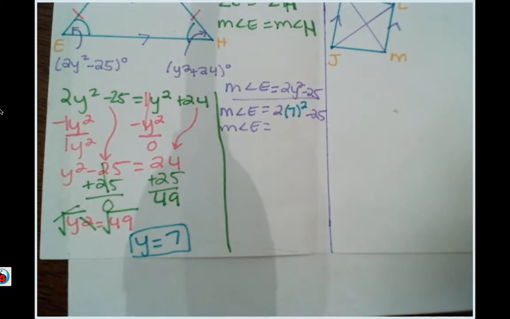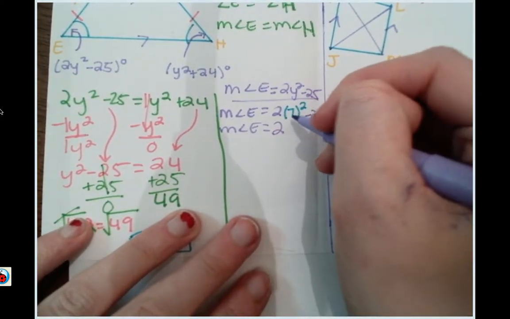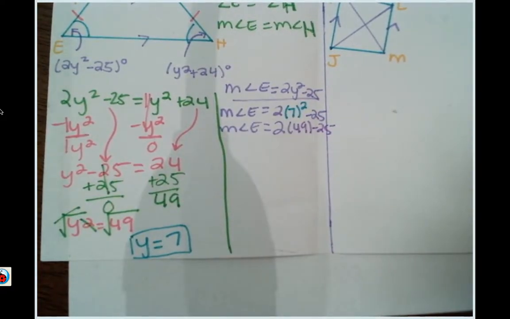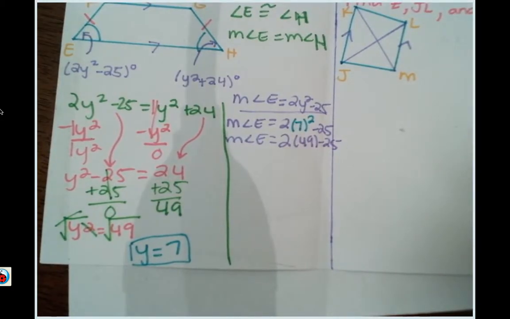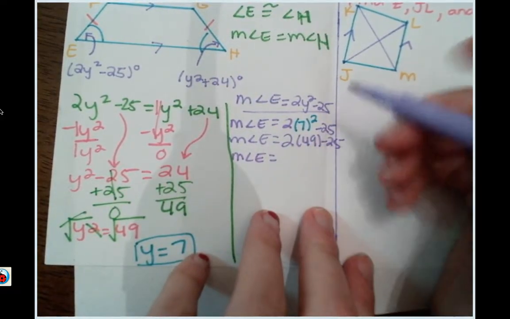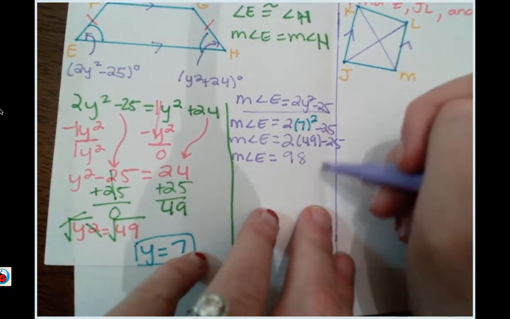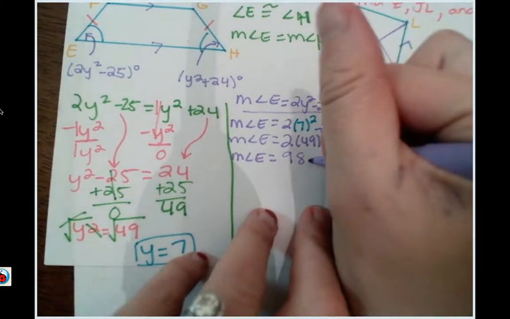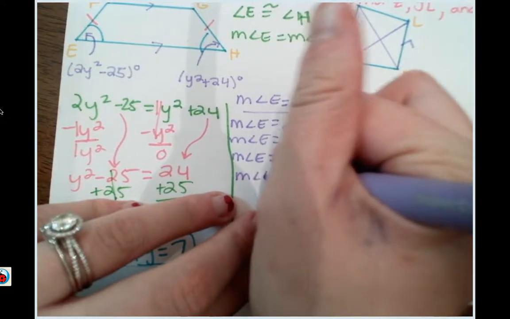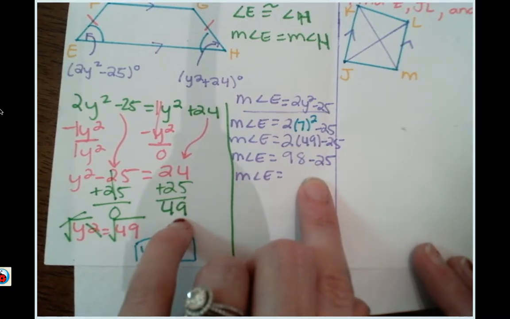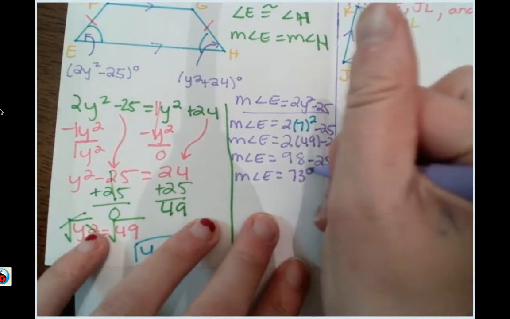So we have 2 times 7 squared, 7 times 7 is 49, and then minus 25. 2 times 49 is 98. Minus 25. So the measure of angle E equals 98 minus 25. 98 minus 20 gives me 78, minus 5 more is 73 degrees.